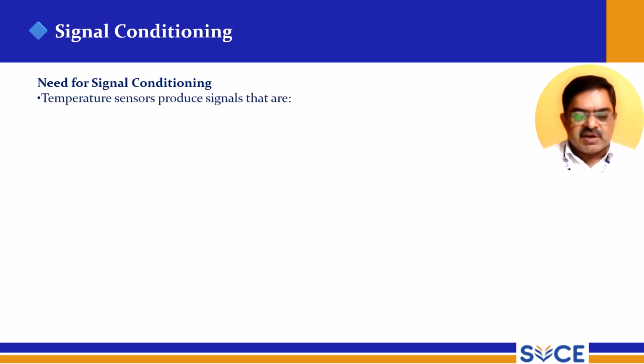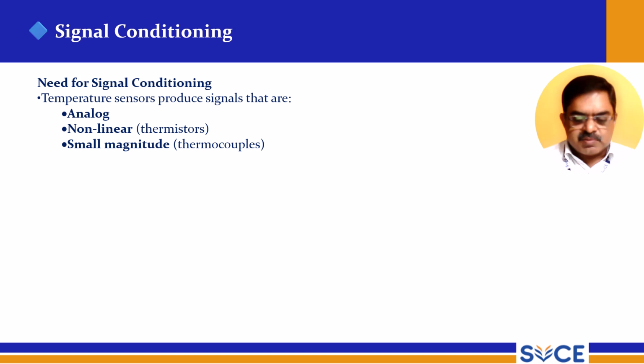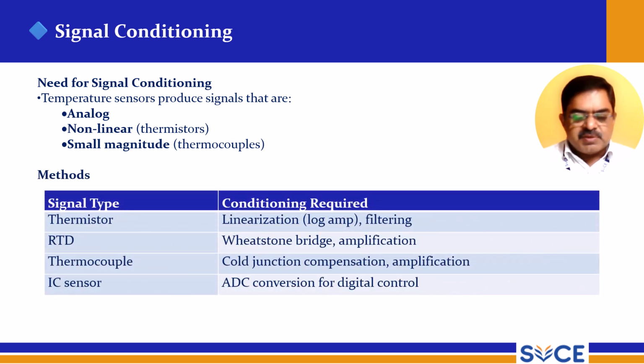Need for signal conditioning: temperature sensors produce signals that are analog, non-linear and of small magnitude, like thermocouples in terms of EMF. The methods are: for thermistors, linearization, log amplification and filtering; for RTDs, Wheatstone bridge and amplification; for thermocouples, cold junction compensation and amplification; for IC sensors, ADC conversion for digital control.